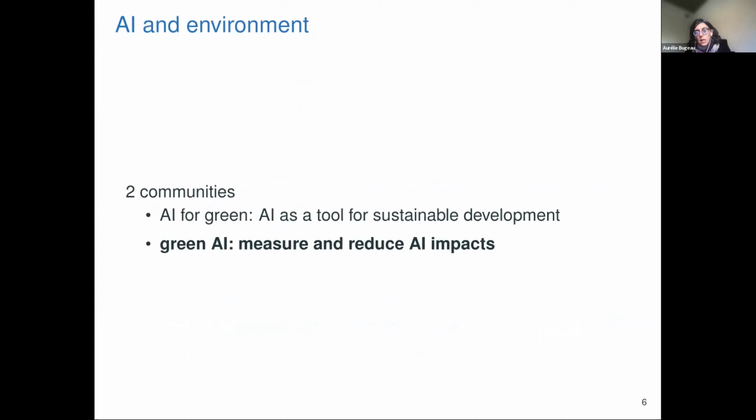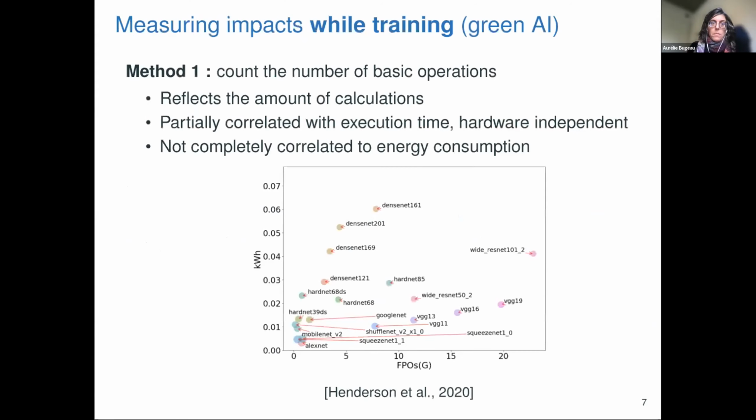The question is then, how can you measure those impacts? How can we do a previous analysis of the system? Can we do them? This is what we have been trying to look at in the literature with my colleagues. How do we measure those impacts? So this is the other community.